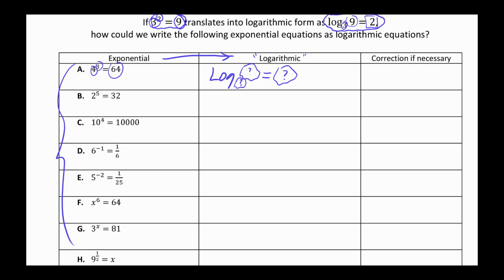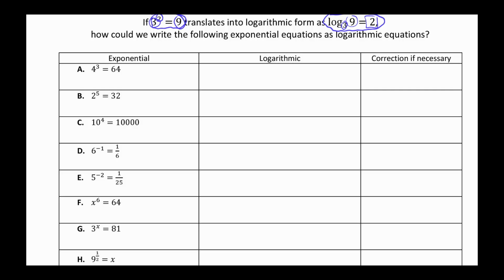If you get it wrong, that's okay. We're going to have a spot here so you can make corrections, and so you'll know how to do it correctly if the positioning was wrong. So I want you to take 2 or 3 minutes, look at A through I, and just try to rewrite it here in the middle with log and the numbers in the different positions. So go ahead and pause this video and try to do that, and we'll see if you guys got them correct.